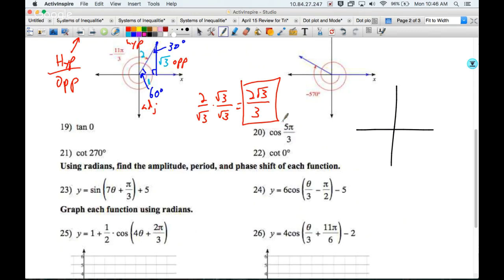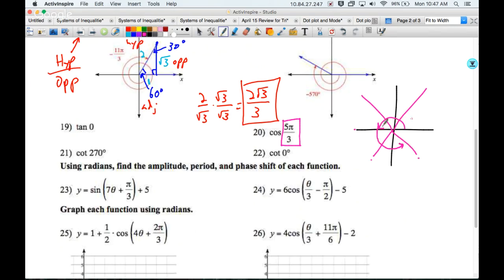We can think of 5 pi over 3 as, well, if this is pi units, and I divide it into thirds, and divide it into thirds in the bottom, then I'd have 1 pi over 3, 2 pi over 3, 3 pi over 3, 4 pi over 3, 5 pi over 3 would be to right here.